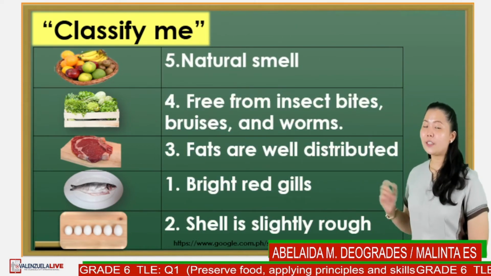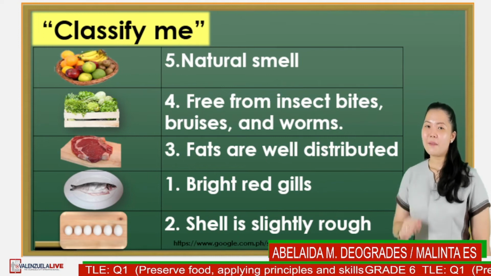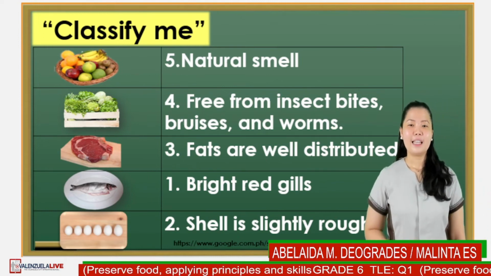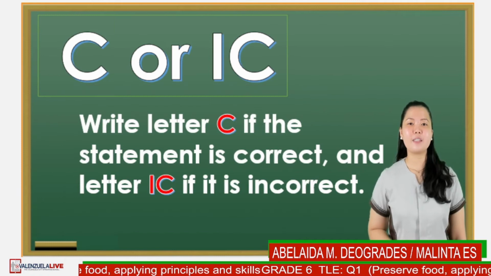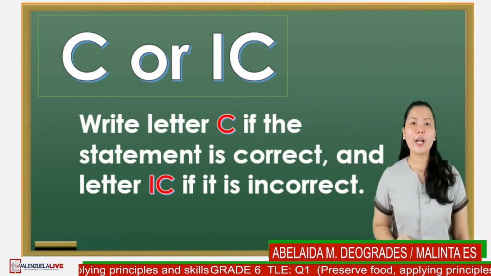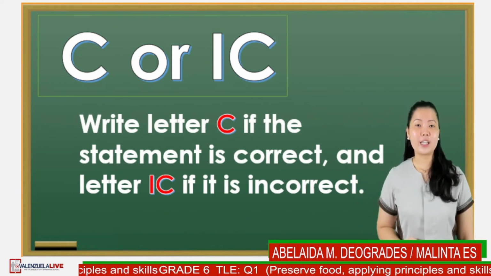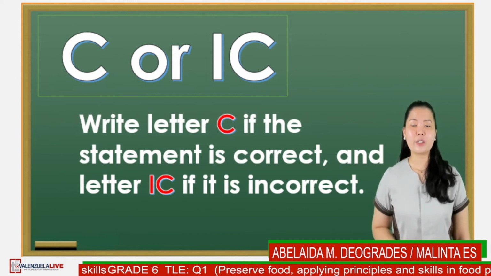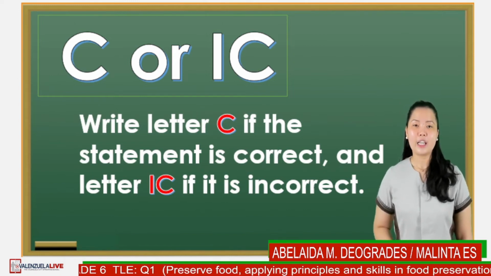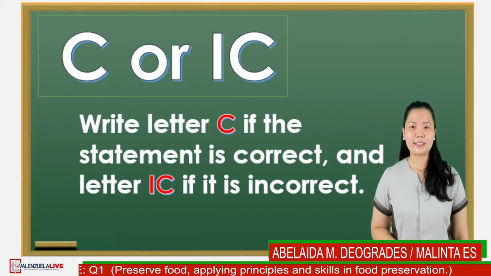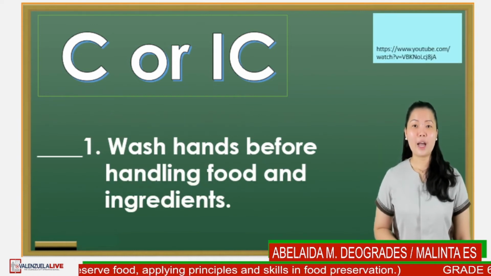Did you get all the correct answers? Very good. Now let us proceed to the next activity. C or IC. Write the letter C if the statement is correct and letter IC if the statement is incorrect. Number 1.